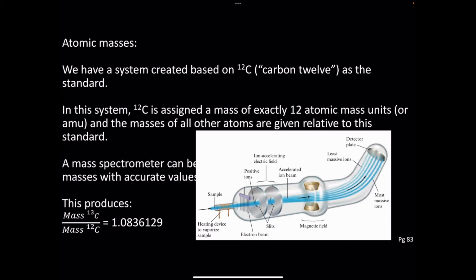And then they go up to this detector plate, and you can determine relative masses from that detector plate. When they put in carbon-13, which is an isotope of carbon with 7 neutrons and only 6 protons, that isotope is found to have a relative mass of 1.0836129 from carbon-12.